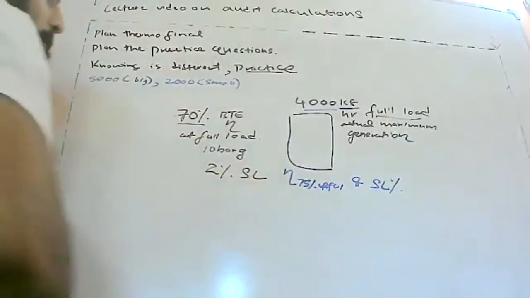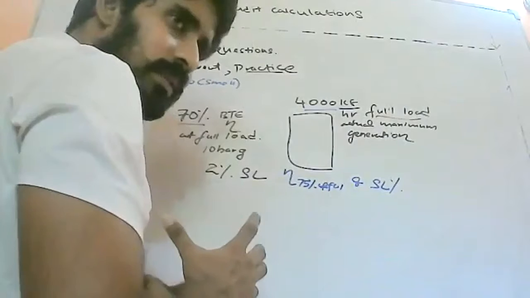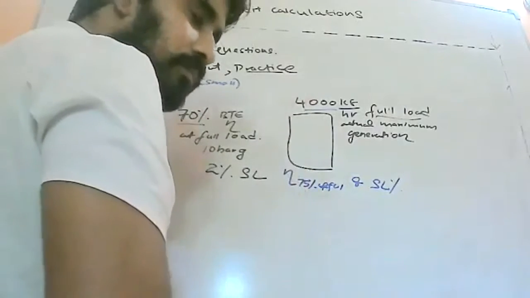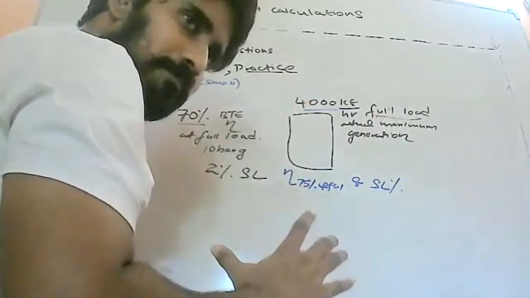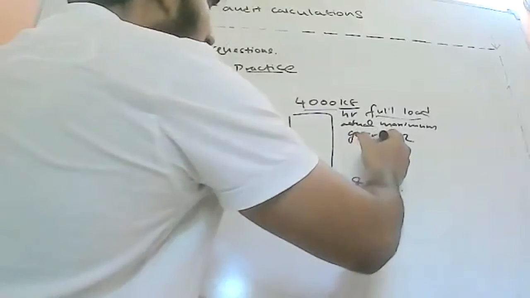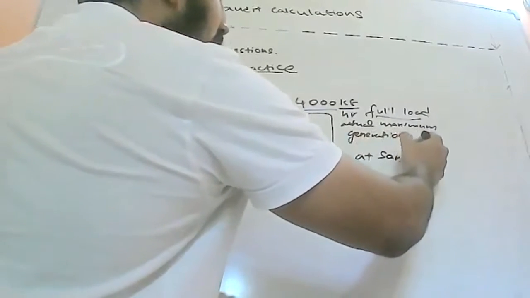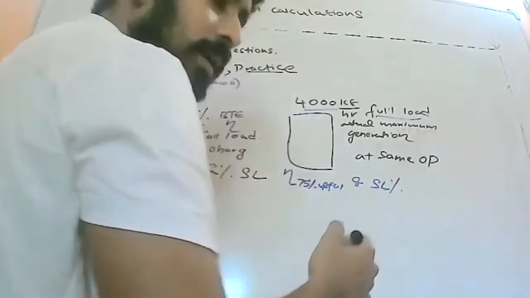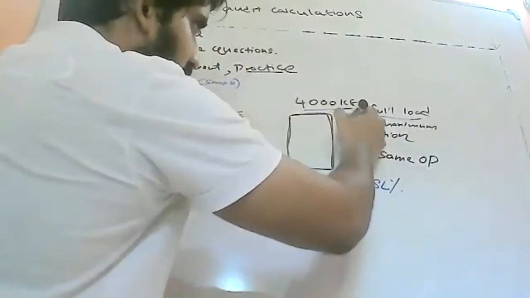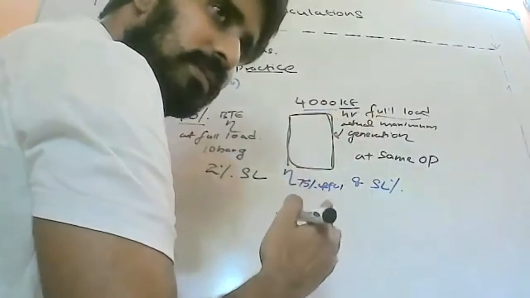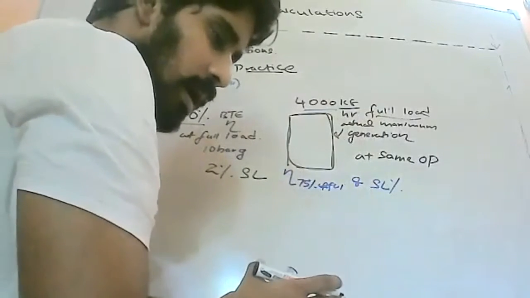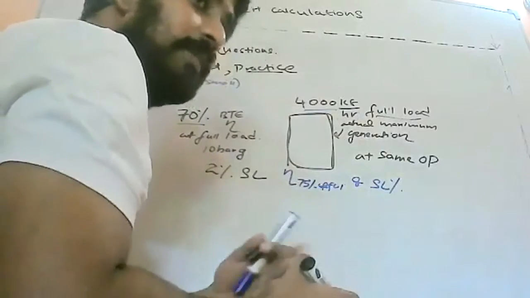That's a very important thing that you need to know. When you consider the boiler at the same operating pressure, the boiler surface is heated to the same temperature, even at different loads.